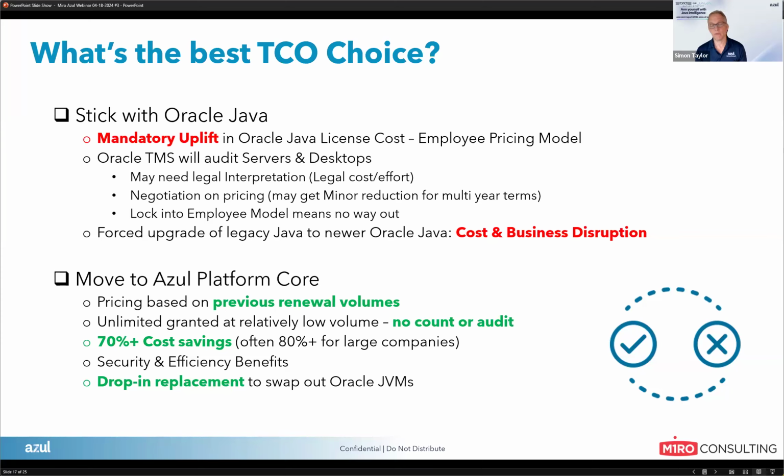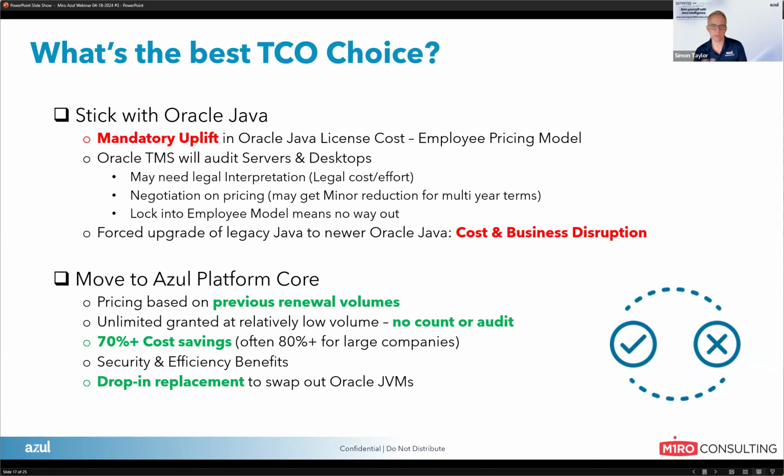Cool. But if you move to Azul, for example, the product we talk about a lot is our Platform Core technology. We have 3 products. One's called Platform Core. The other one's called Platform Prime, which is actually for cloud cost, cloud management around Java, which is a much more specific solution, which is our own binaries, not an OpenJDK solution. And then we have something we call Intelligence Cloud that is all about really truly understanding how Java's working in your environment and where you can drive efficiencies, both license and developer operations.